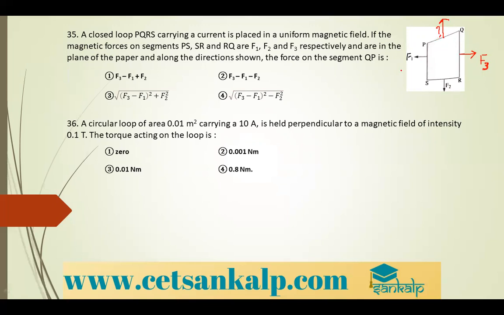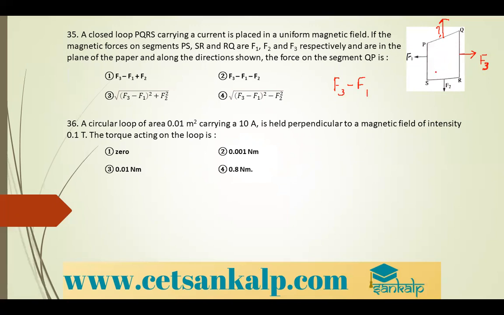Now the resultant of F3 and F1 will be F3 minus F1, since both are opposite.